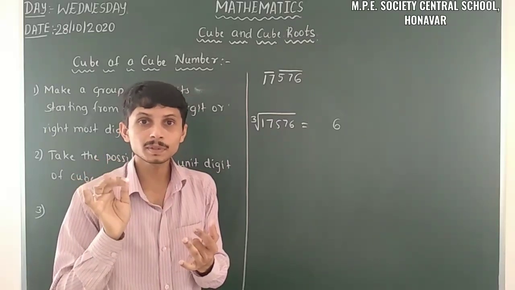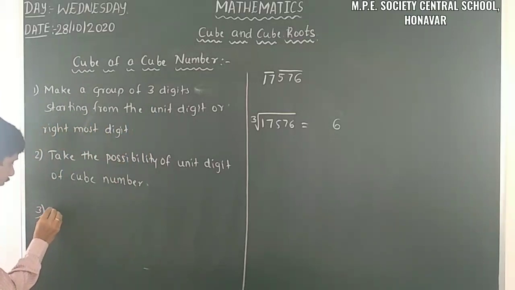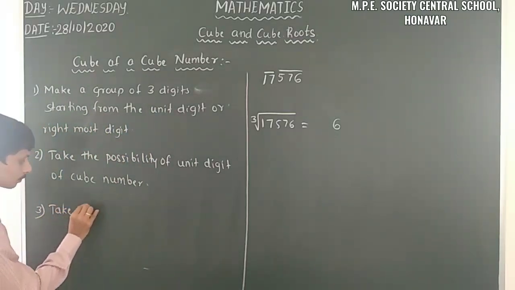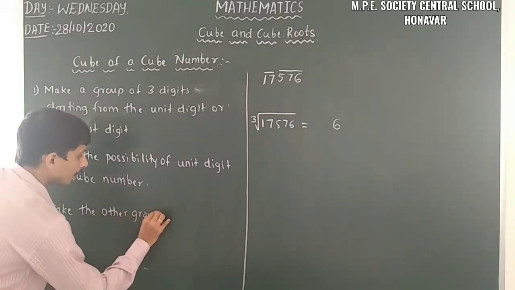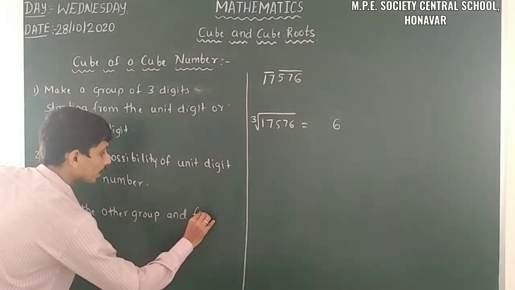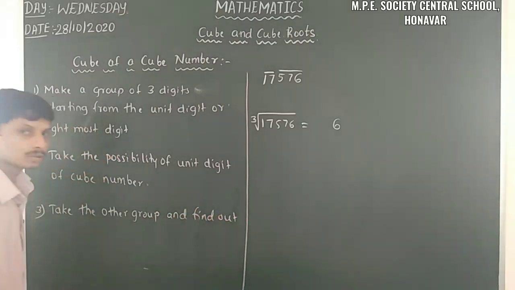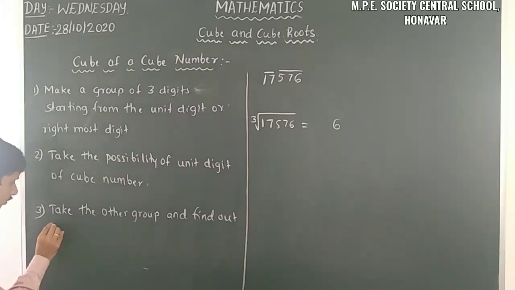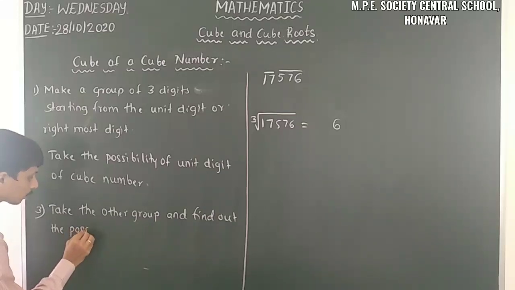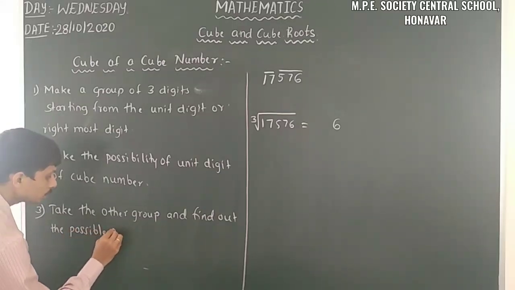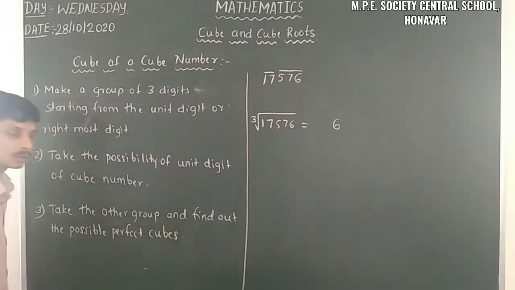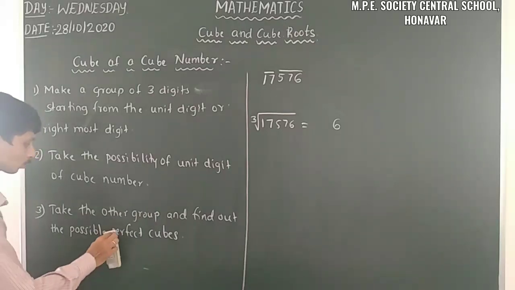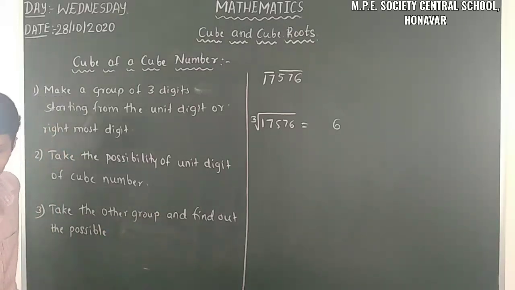So here we have to take the other bars, take the other group, and find out the possible consecutive perfect cubes.